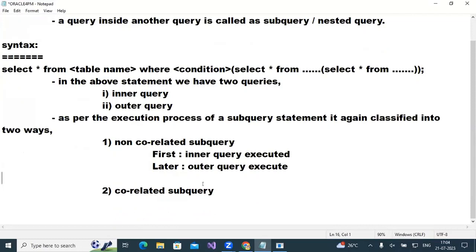This is non-correlated. Whereas correlated is quite the opposite: first the outer query, later the inner query is executed.